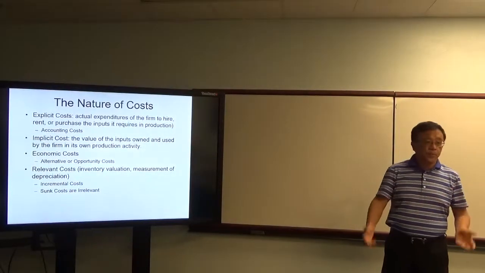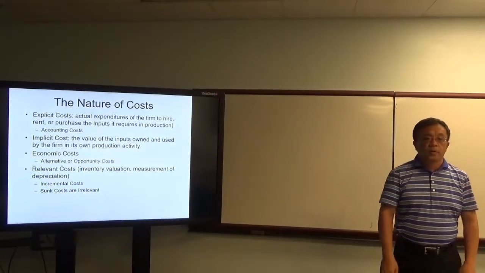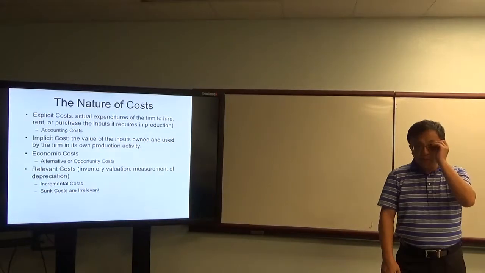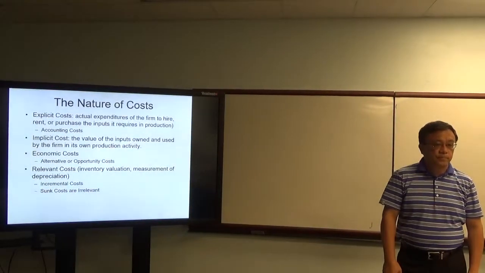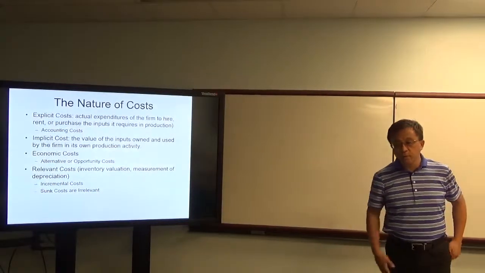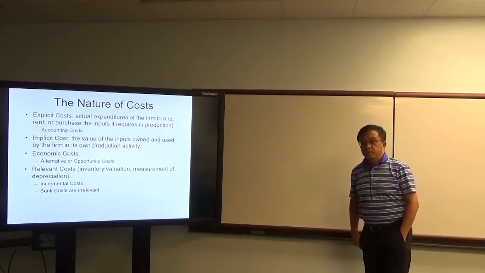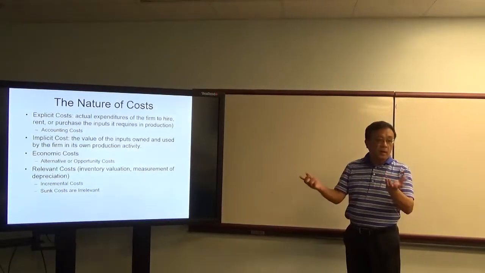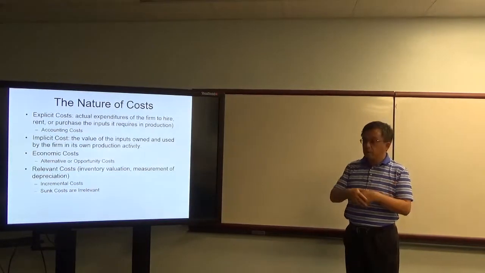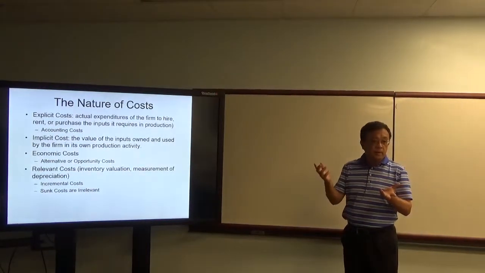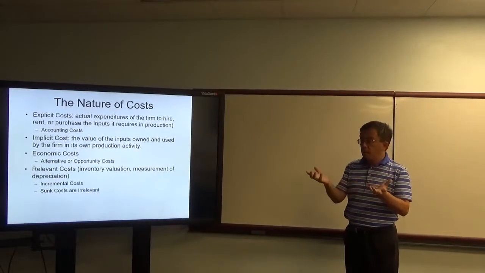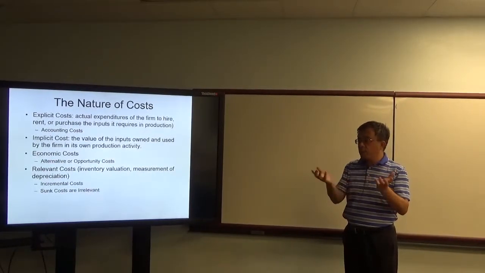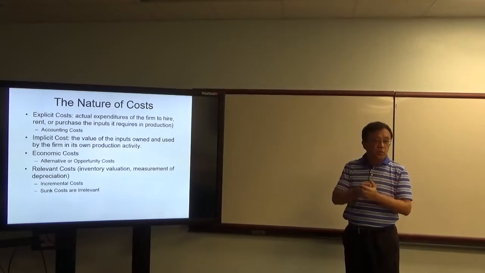So if you start a business, what are the explicit costs you have to take into account if you decide to start your own business? Overhead cost, utility, lease payment, raw material, salaries, wages, taxes, insurance.